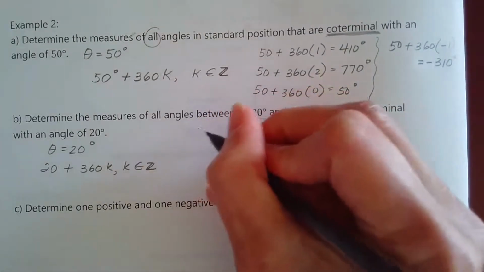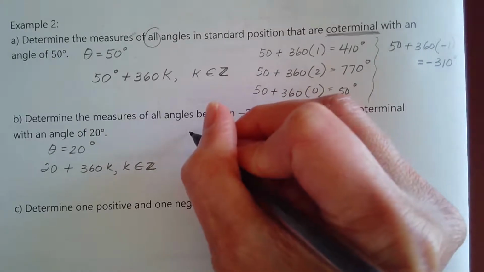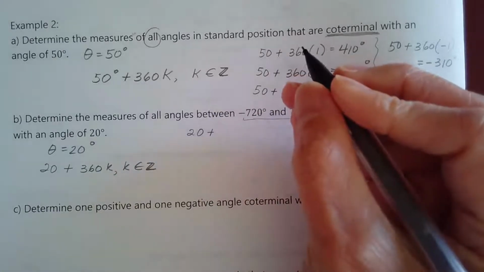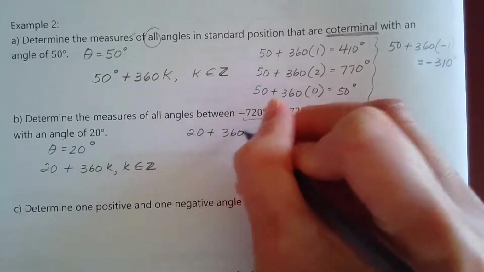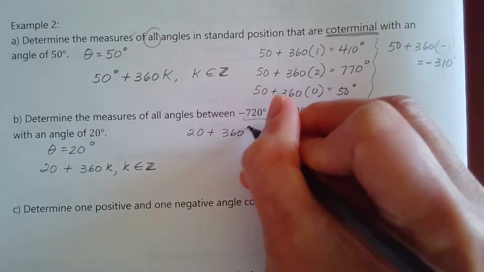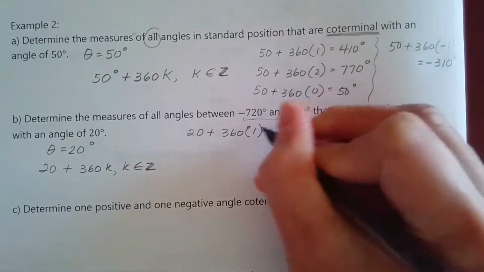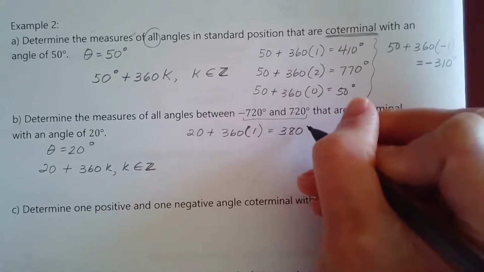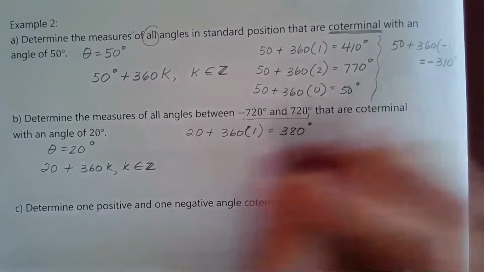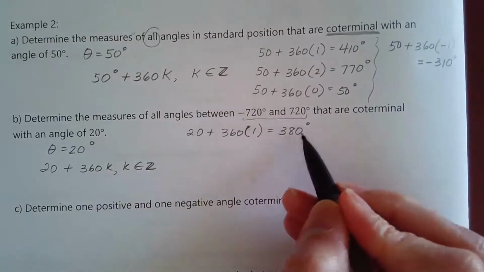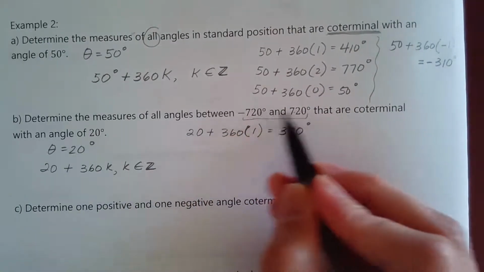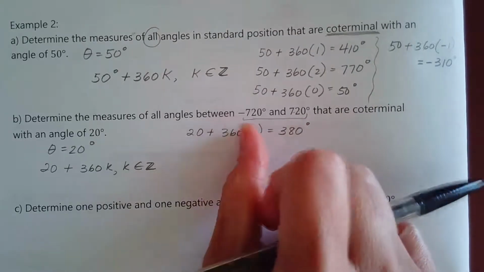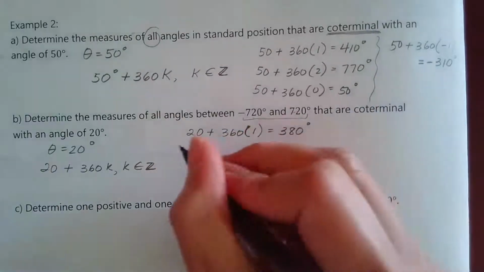So let's go here. 20 plus 360 times 1. That's going to give us 380. Okay, so that 380 degrees is within that limit of negative 720 to positive 720.